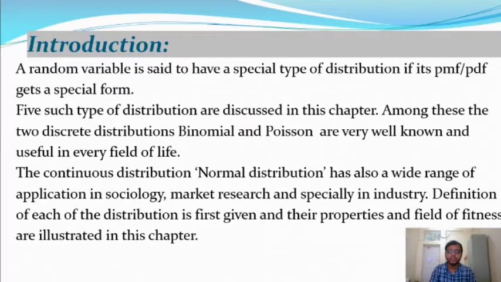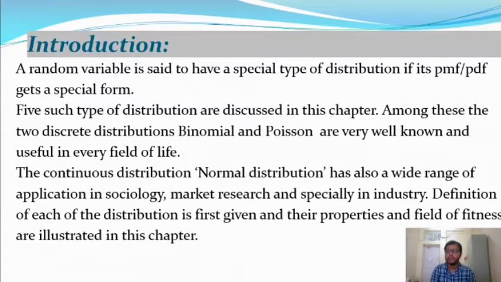The continuous distributions like the normal and standard normal distributions also have a wide range of applications in sociology, market research, and especially in industries. The definition of each of the distributions is first given, and their properties and fields of fitness are illustrated in this chapter.